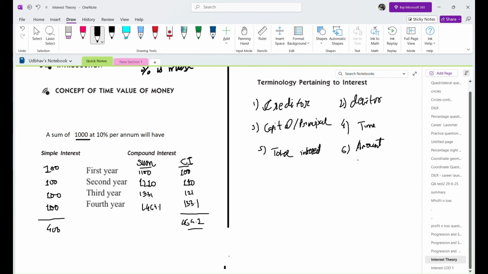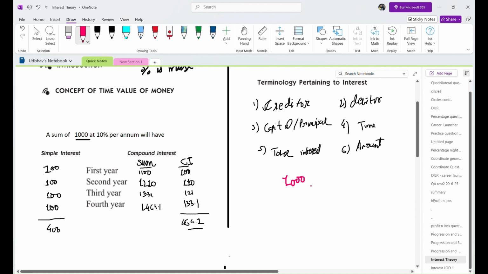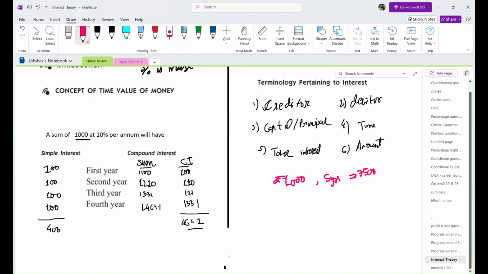So at the end of 5 years, what will be the amount? 1000 plus 500. I'm going to write it for you. You invested a principal of 1000 rupees for 5 years, and you got interest of 500 rupees after 5 years. So what will be the amount? This principal plus this interest, that will be 1500.